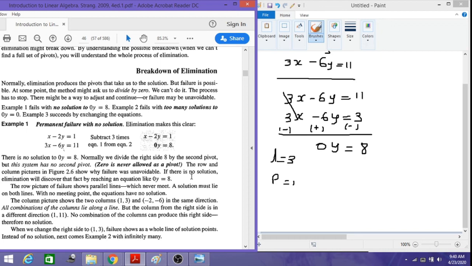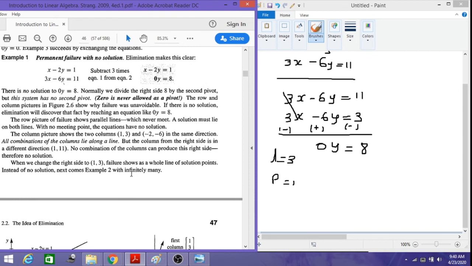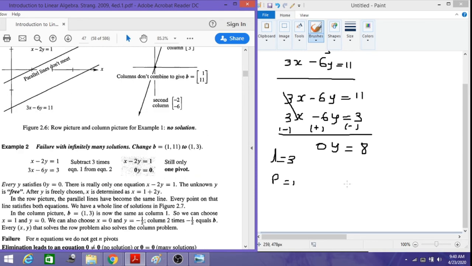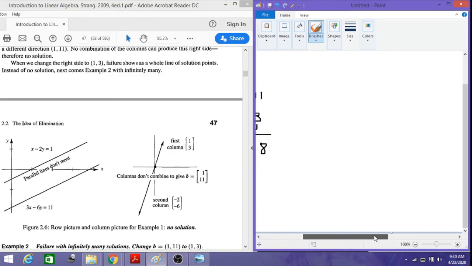Now if you plot this in the row picture, on the x and y plane, I'll get two straight lines which never meet. So that is what this equation means: it doesn't have a common point of intersection.